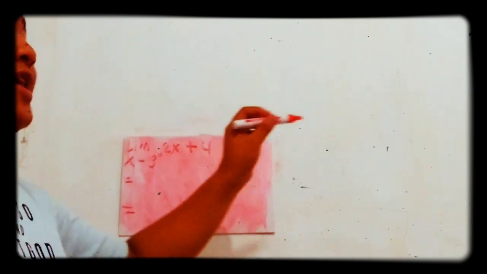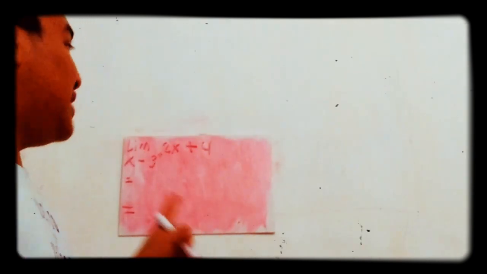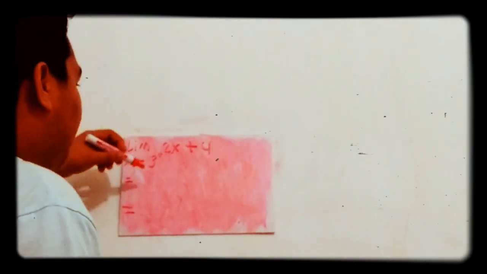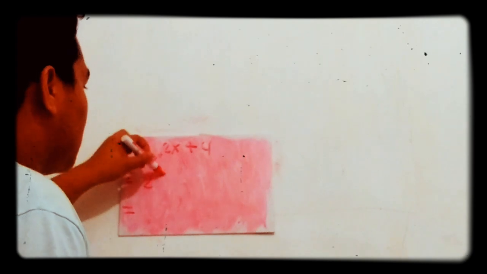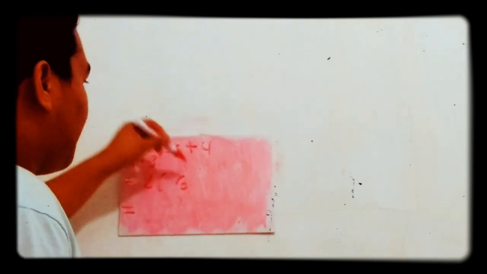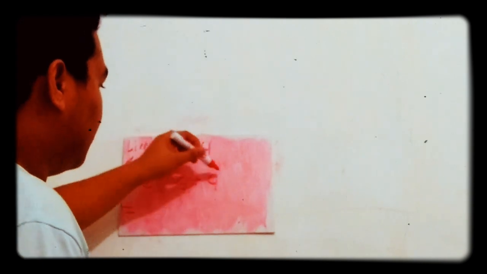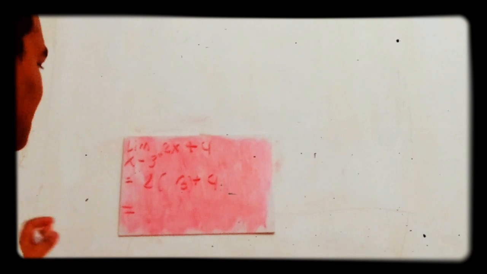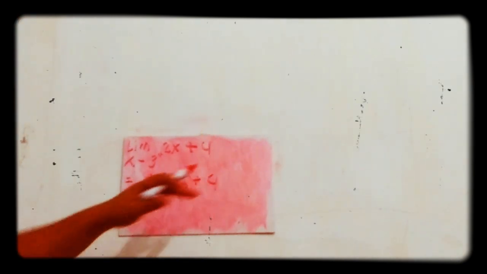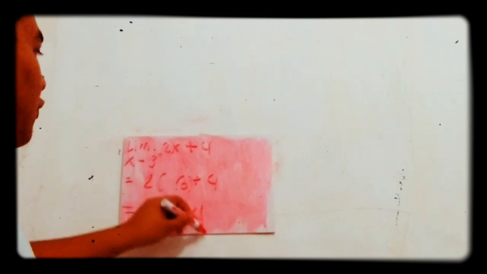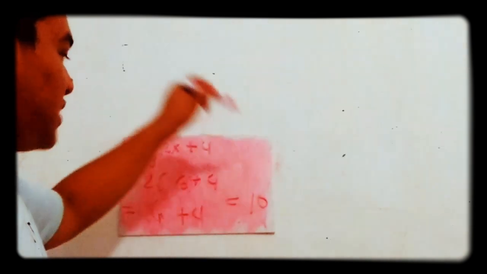Don't forget to write the limit notation with the problem. So let's substitute: 2 times 3 plus 4. 2 times 3 is 6, plus 4 is equal to 10.